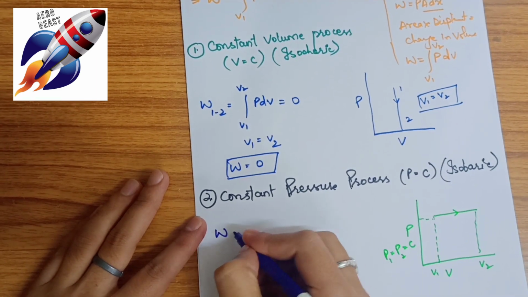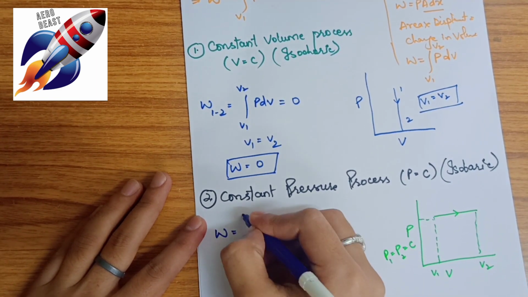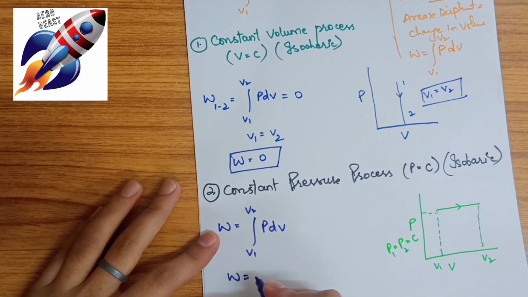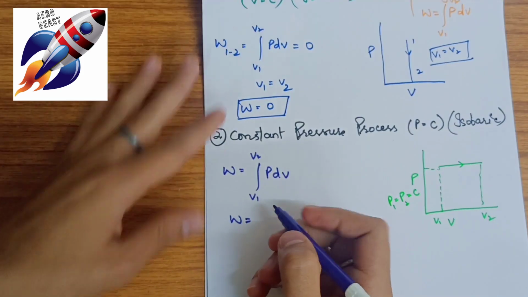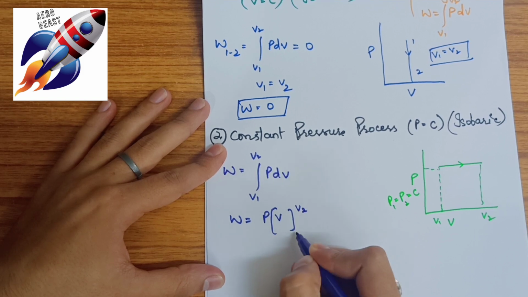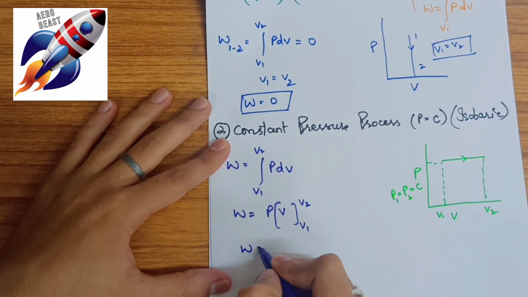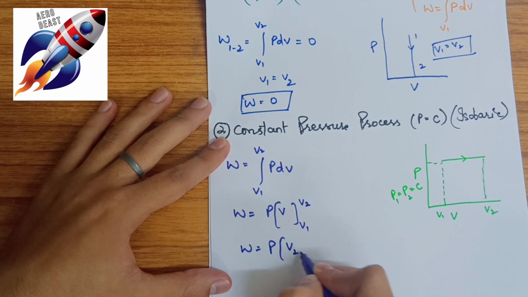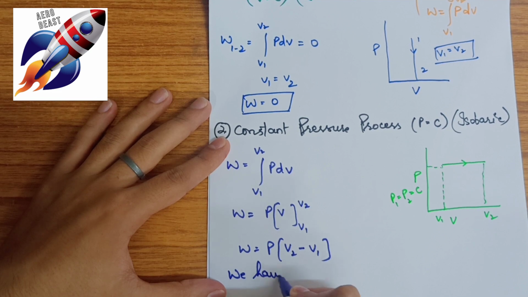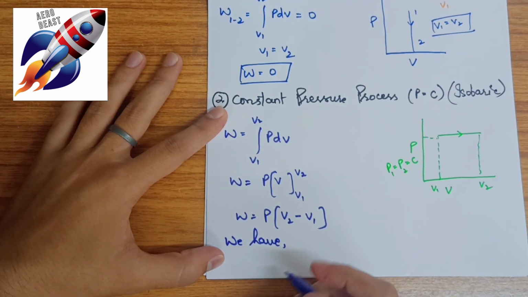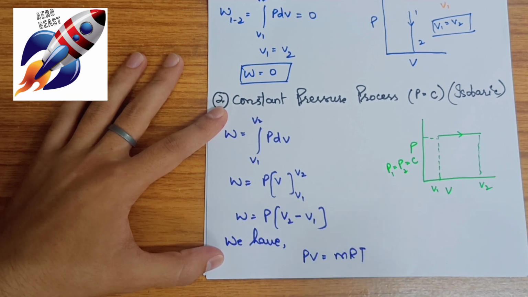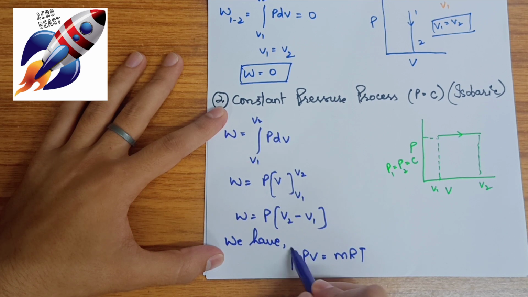Then work done is equal to the integral from V1 to V2 of P dV. So W is equal to P times the integral of dV from V1 to V2, that is P (V2 minus V1). We have PV is equal to mRT.